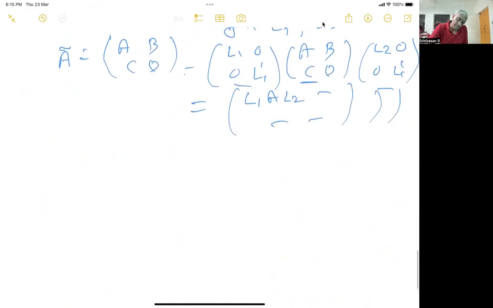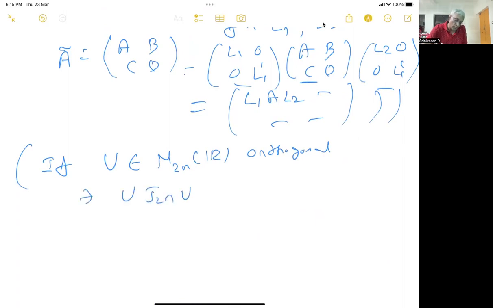If U is a unitary matrix, and this is general, in M2N(R), a real matrix, so we call it orthogonal, such that U J2N U transpose, or U transpose J U, equals J2N itself.